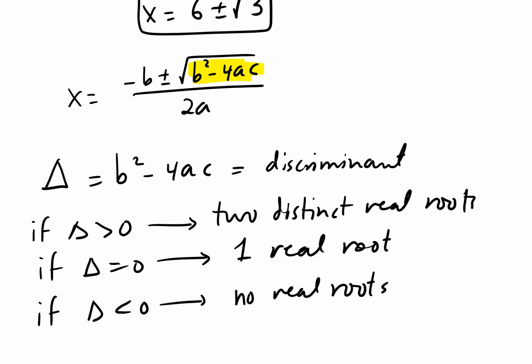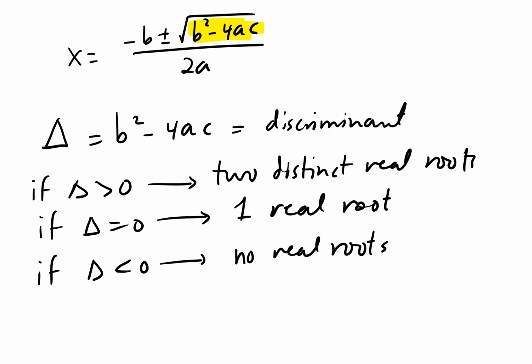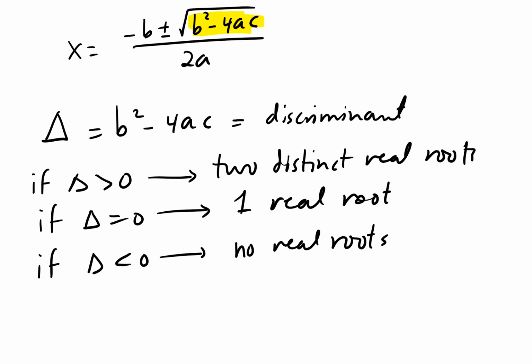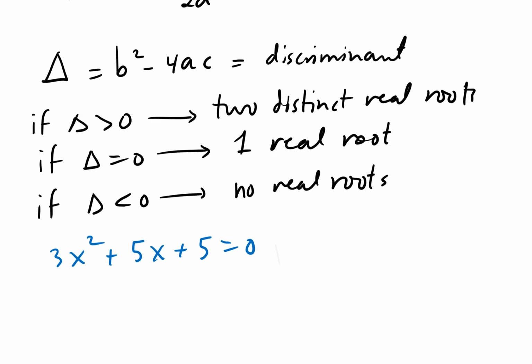No real roots. So to apply this to additional problems, we need to find the number of real solutions to, let's say, 3x squared plus 5x plus 5 equals 0. They're not asking us to find them, they just ask us to state the number of real solutions to this equation.